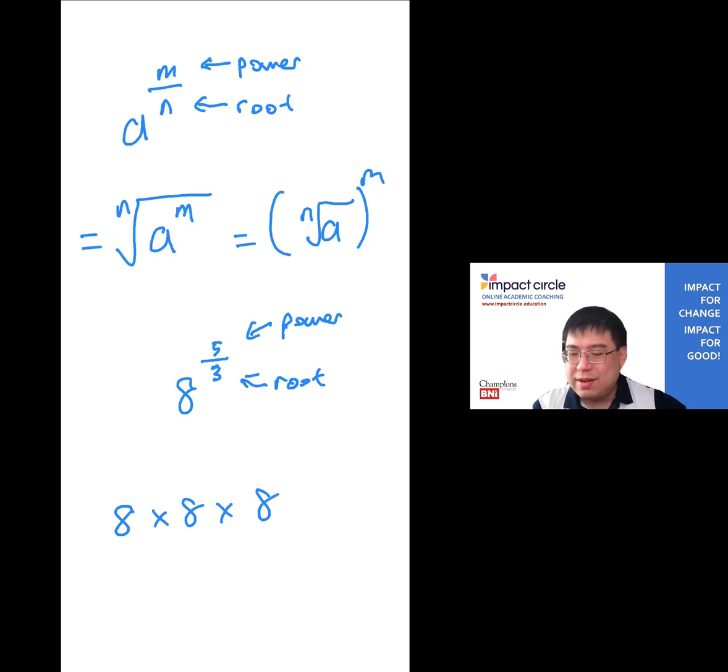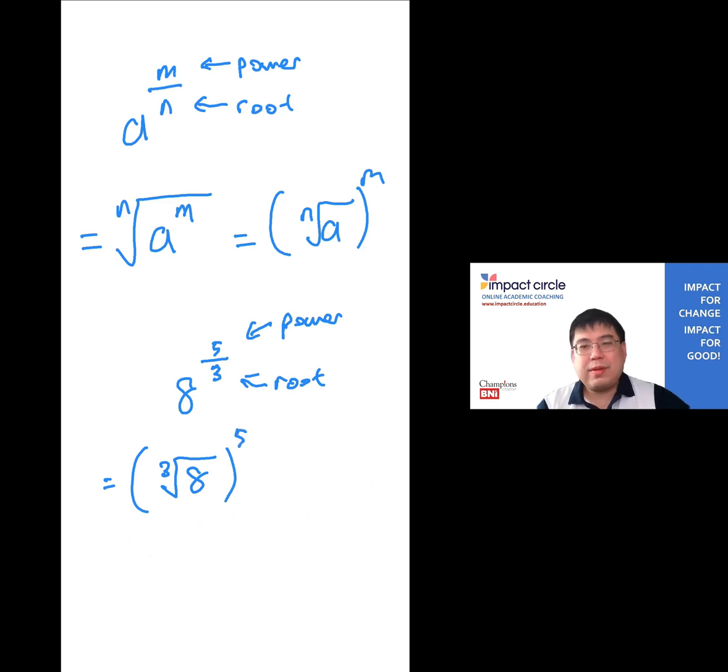Can you imagine how big this number will be? Okay, and even after you do it, are you able to cube root it? It's going to be very difficult, right? So instead of doing the power first, we're going to do the root first. So we're going to take the third root first, and then we do the power. Okay? So what's the third root of 8? Really, it's just 2.